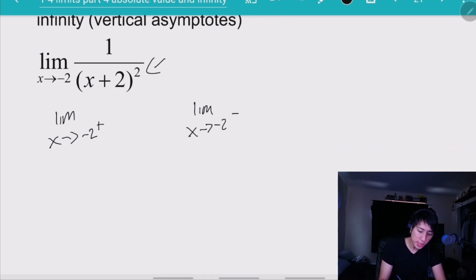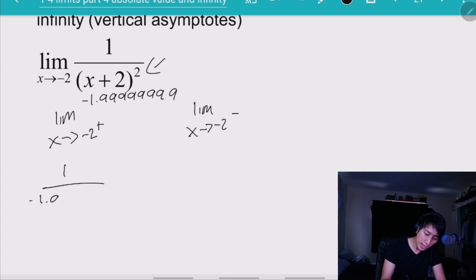So if I'm approaching -2 from the right, what that means is I'm choosing stuff like negative 1.999999999, and so on and so forth. And so what I'm really going to have is 1 over negative 1.9999 plus 2, squared.